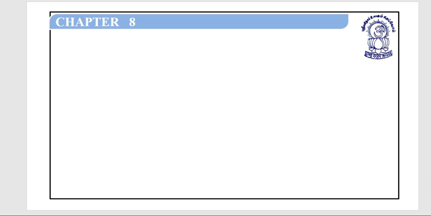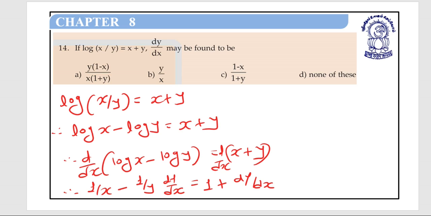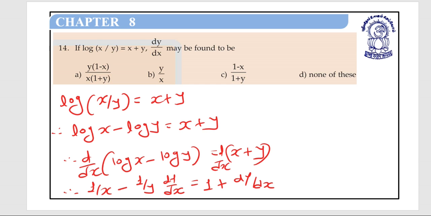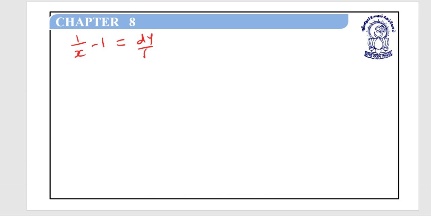Here, taking the dy by dx terms to one side, 1 by x minus 1 is equal to dy by dx plus 1 upon y dy by dx.